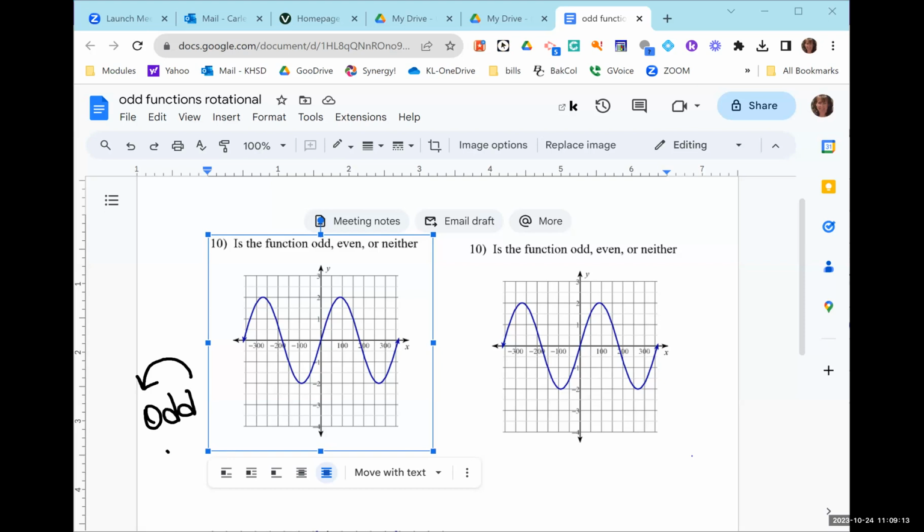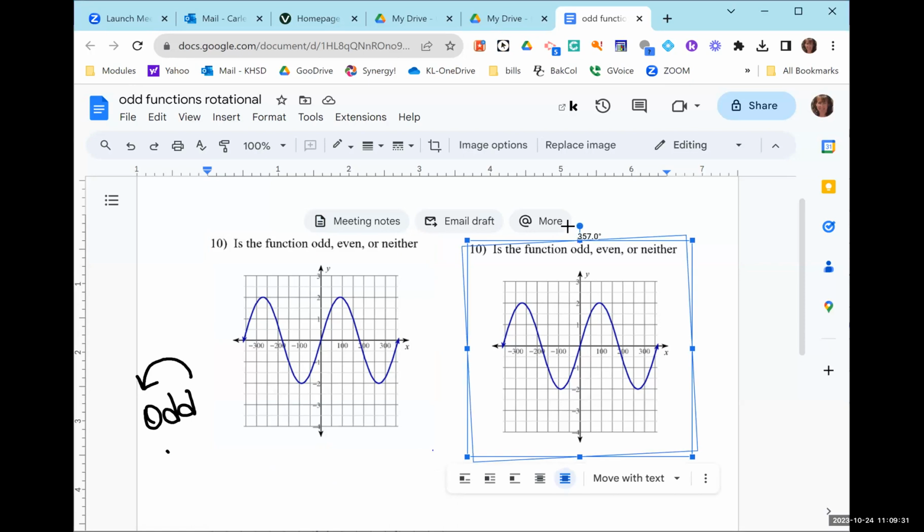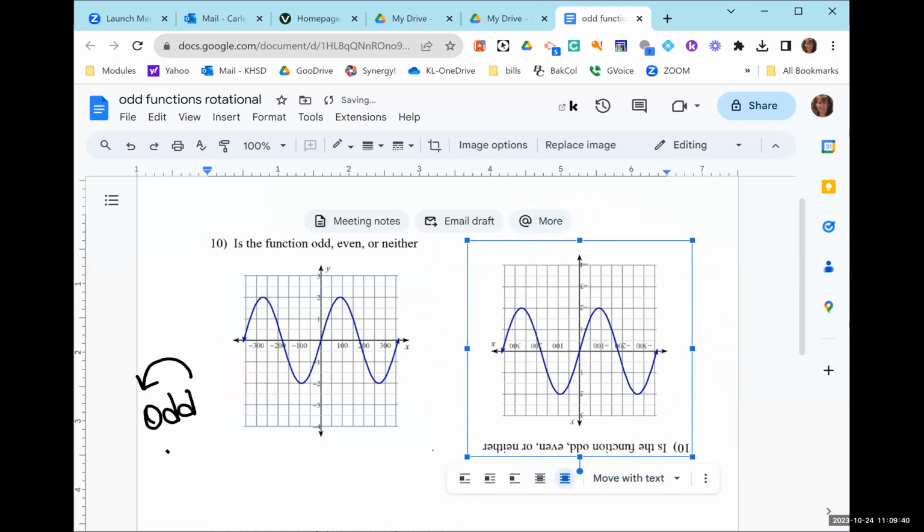Okay, so let's see if this is odd. Now, if you Google even and odd functions, there are algebraic ways to prove it. You're going to do that next year in math analysis. We are doing it visually. So here I go, rotating it 180 degrees. Can you see that after rotating it, the words are upside down?